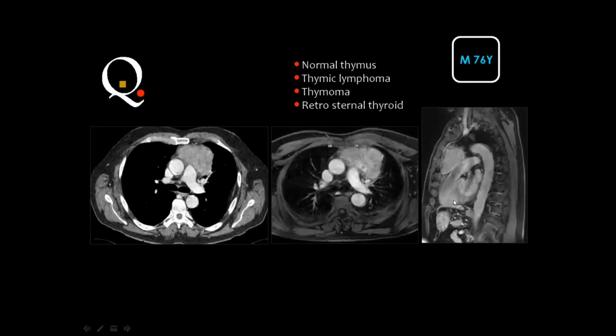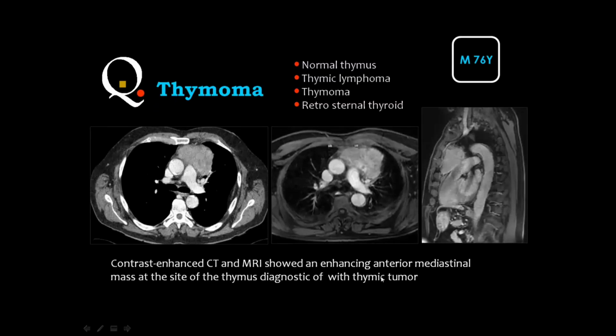CT and MRI of a mass here, and these are the possibilities: normal thymus, thymic lymphoma, thymoma, retrosternal thyroid. Thymoma, yes, their answer is right, and this is thymoma. The most common solid anterior mediastinal mass which does not contain fat is the thymic tumors, and these thymic tumors may be due to thymoma or thymic lymphoma.